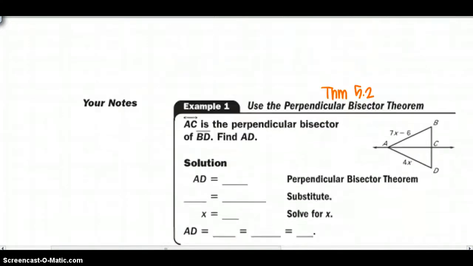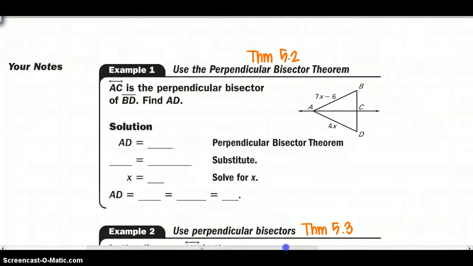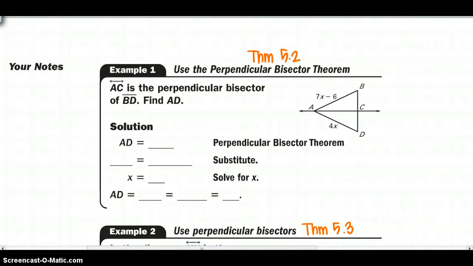Using that information, we're going to use theorem 5.2 first. We are told that AC is the perpendicular bisector of BD. So let's mark that. With that information in theorem 5.2, I know now that AB is equal to AD.